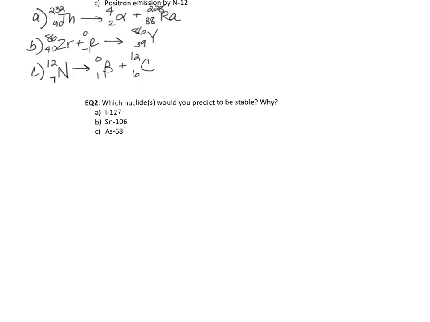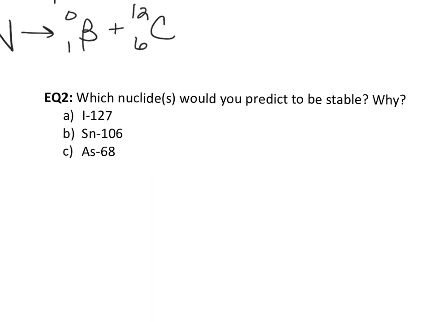All right, let's start with our iodine-127. The number of protons that iodine has is 53, which means the number of neutrons is 127 minus 53, so that gives us 74 neutrons.